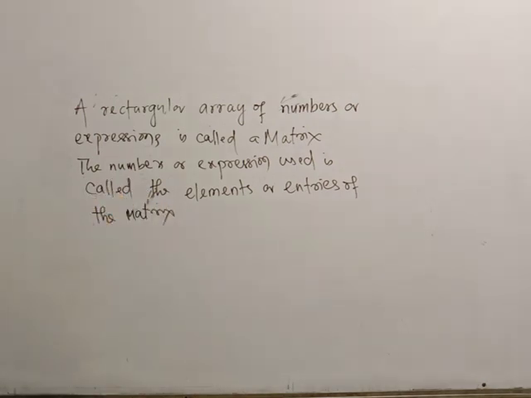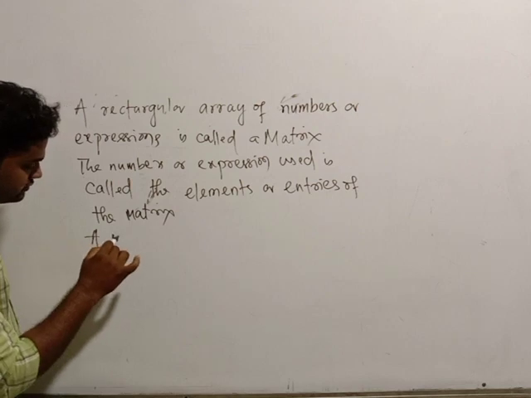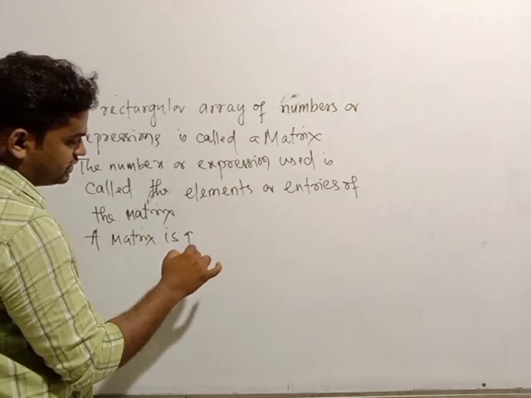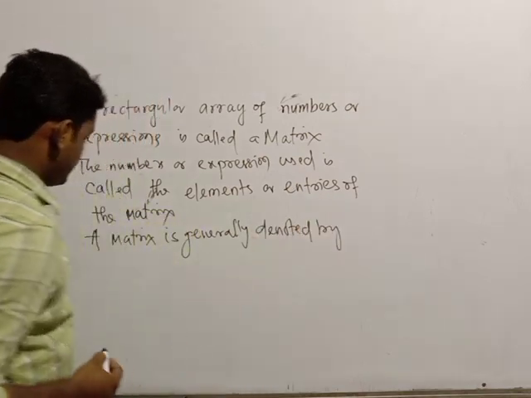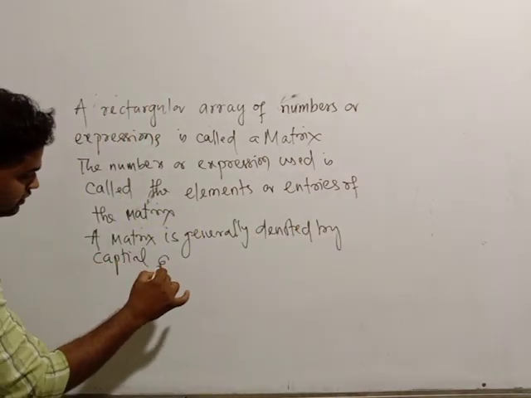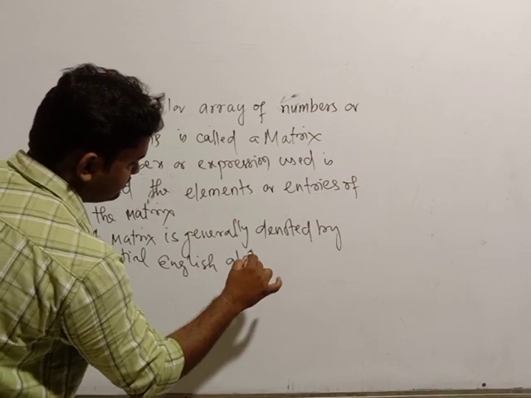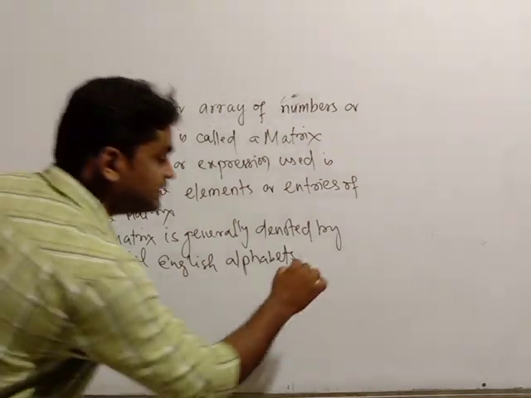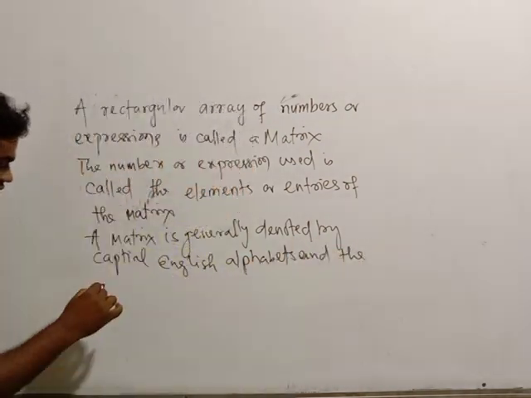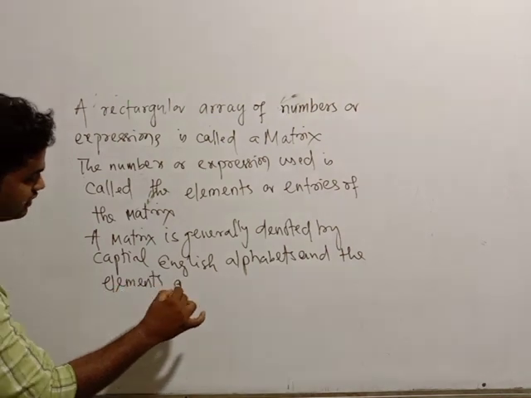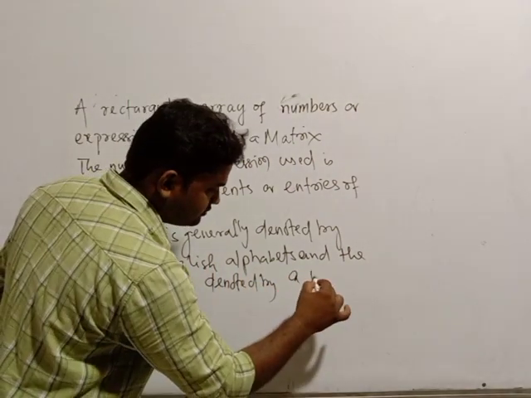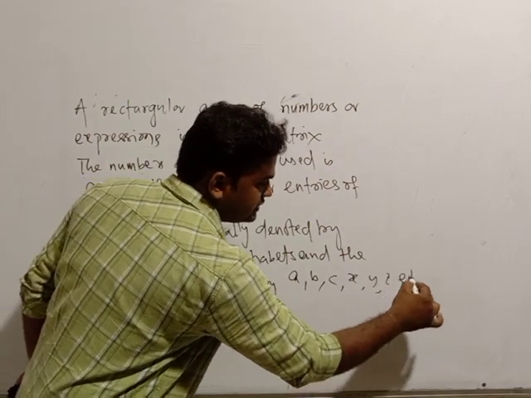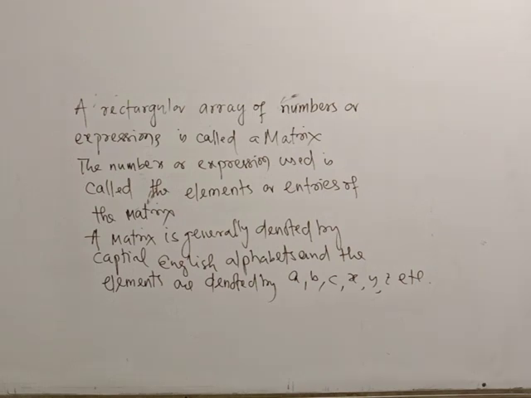And the third point we studied is that a matrix is generally denoted by capital English alphabets, and the elements are denoted by small English letters like a, b, small c, small x, small y, small z, etc. So this is all about what a matrix is and the symbols used to write a matrix.